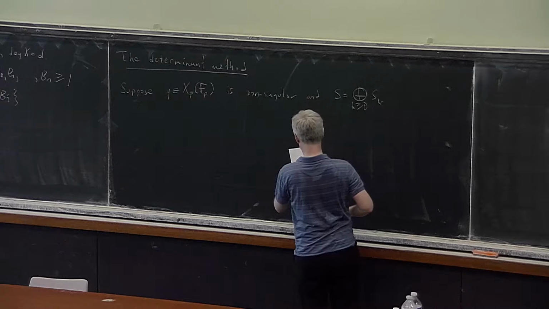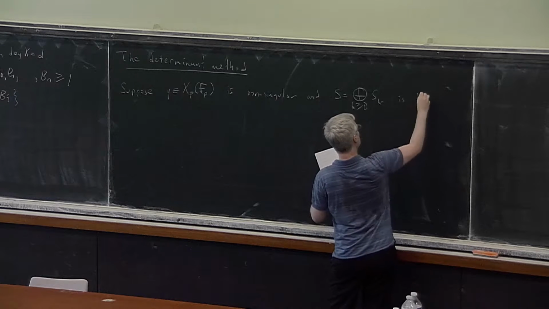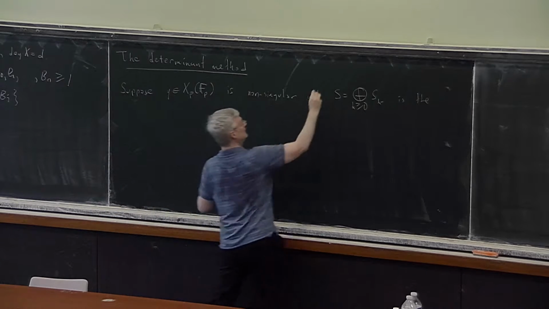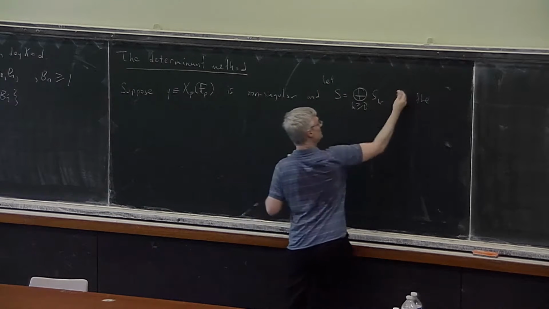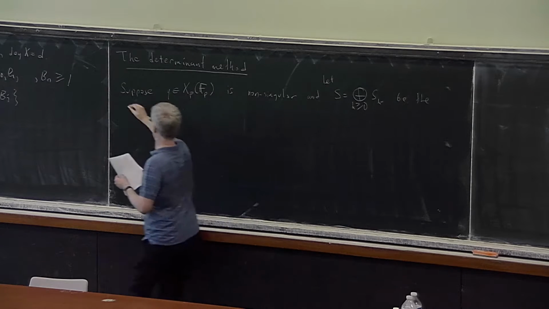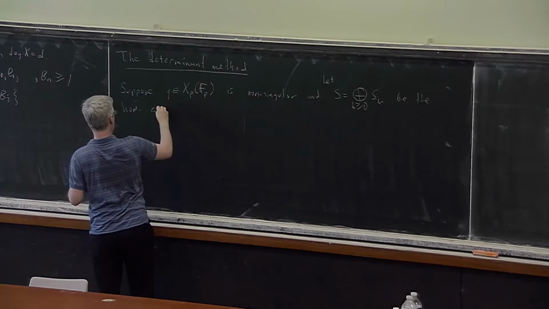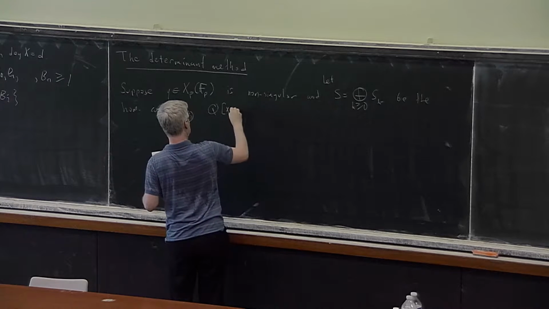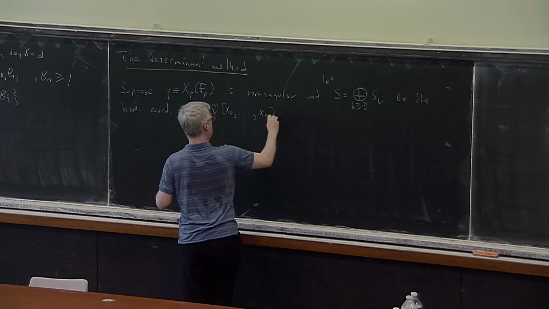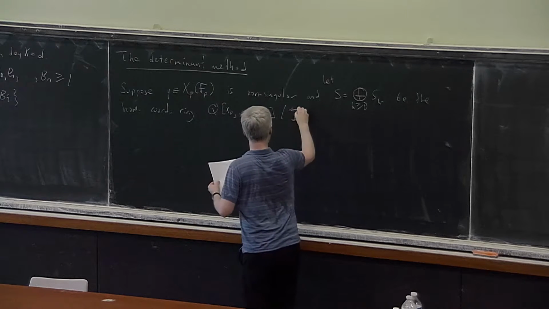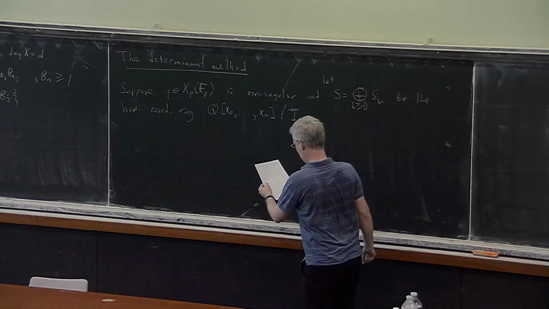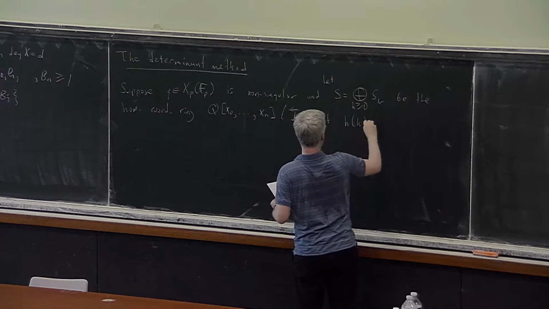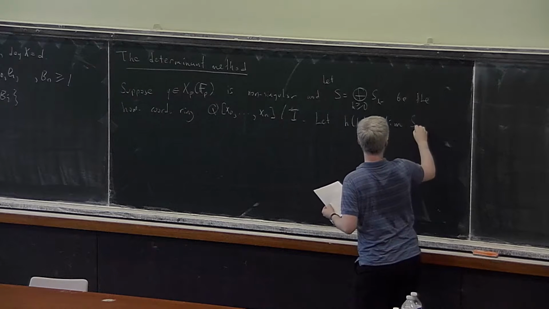This is given by the coordinates and some homogeneous ideal. I will then look at the Hilbert function: let H of k be the dimension of S of k.